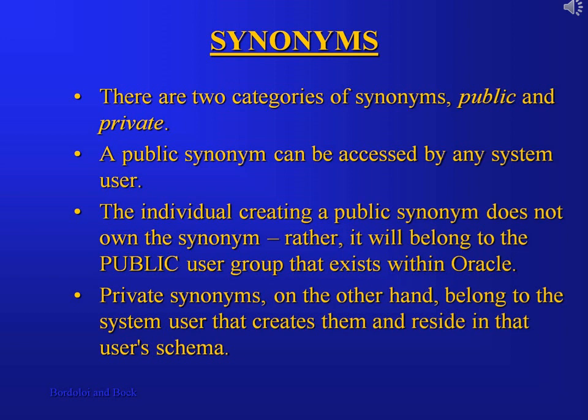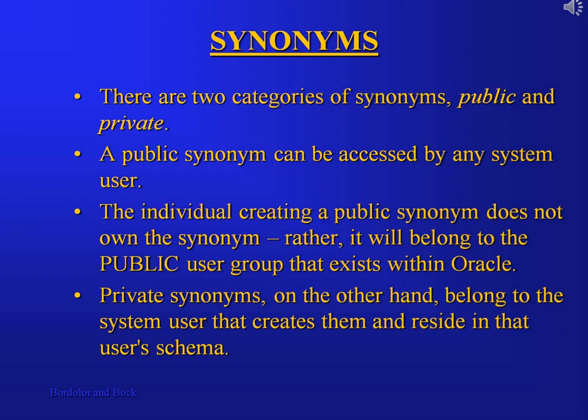There are two categories of synonyms, public and private. A public synonym can be accessed by any system user, and the individual creating a public synonym does not own the synonym; rather it belongs to the public user group that exists within Oracle. You can create both public and private synonyms.